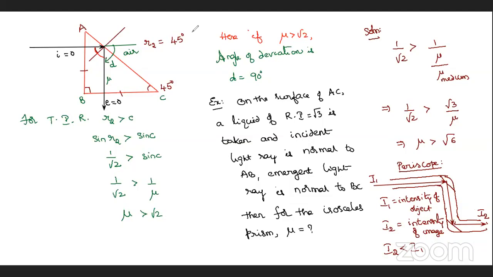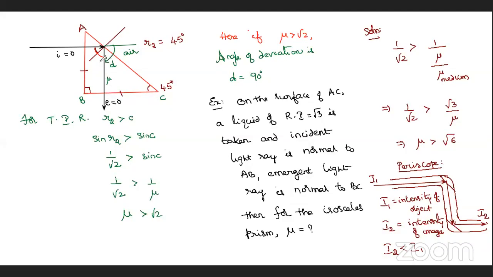Yes, sir. But if you use, in place of this periscope, an isosceles prism whose refractive index is greater than root 2 at the top of the bunk, then I can see a clear image by total internal reflection. Why? Because total internal reflection is a phenomenon of refraction.